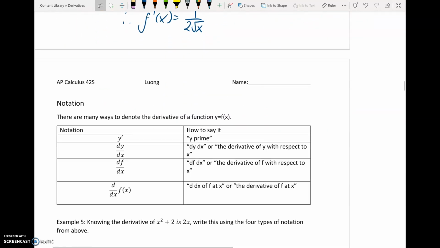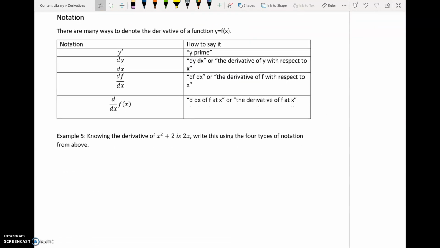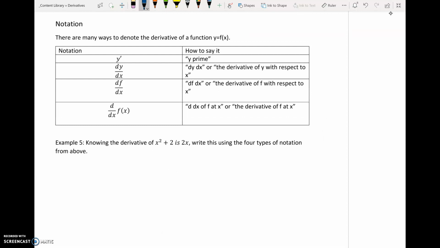Now I'm just going to go over some notation. I was saying that we could say f prime of x. You could also say y prime, because if you're given y equals, for example, y equals 2x, you can find the derivative and then call it y prime after that. Another way to write it is like this, dy dx, or the derivative of y with respect to x.